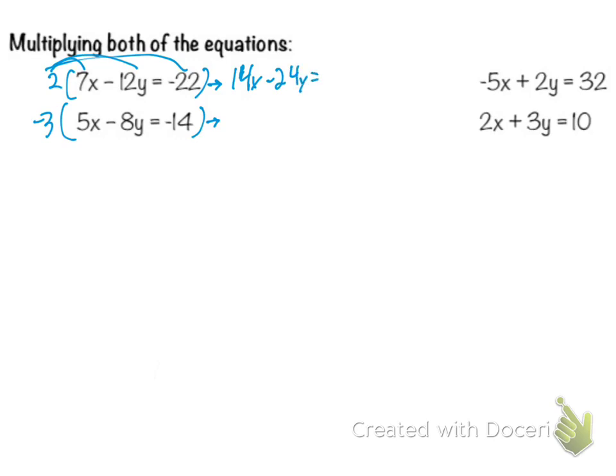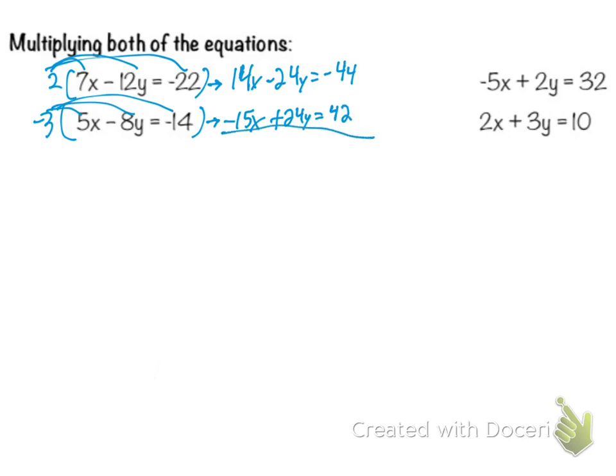And what's 2 times -22? Negative 44. Very good. And our bottom equation ends up being what? Negative 15x plus 24y equals 42. Yep, very good.